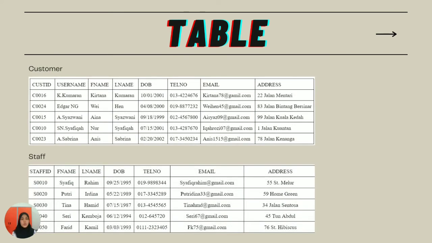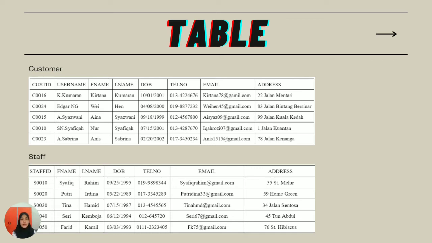Next, we move to the movie table. We have movie ID, name, classification, genre, language, subtitle, and duration. And the next table is hall. We have hall ID, type, and the total seat. The next table is show time.